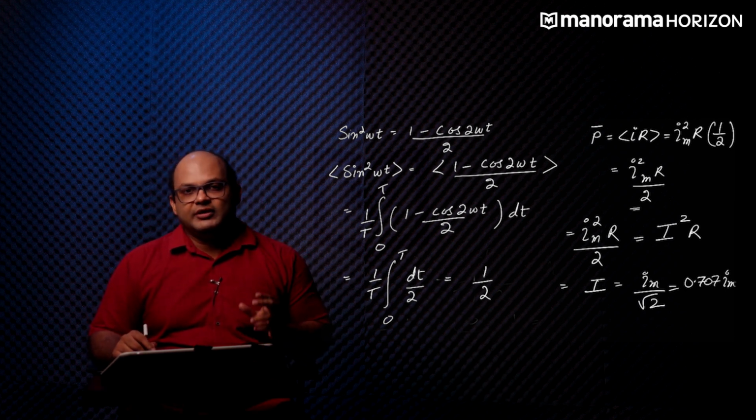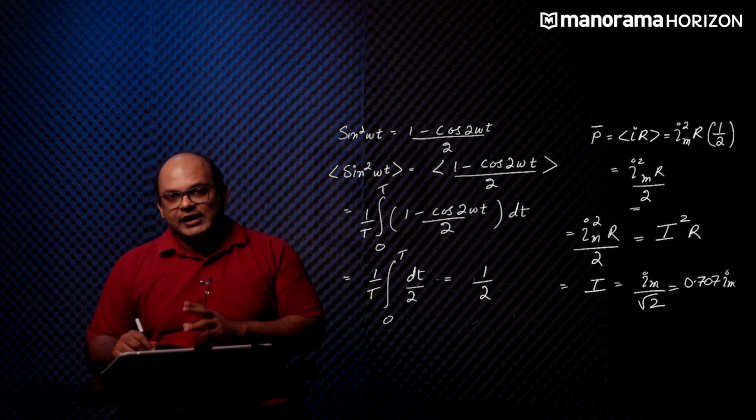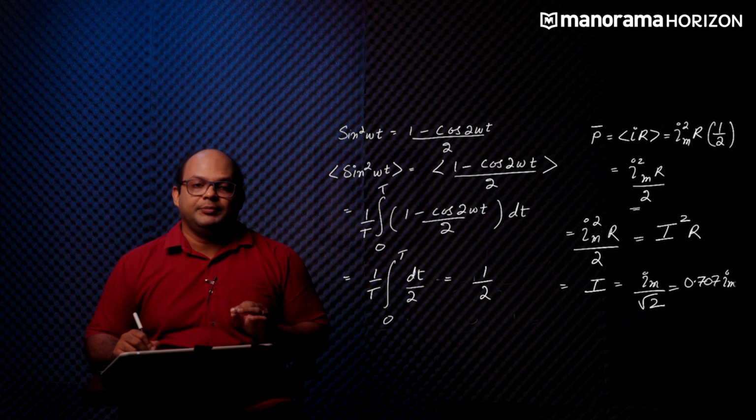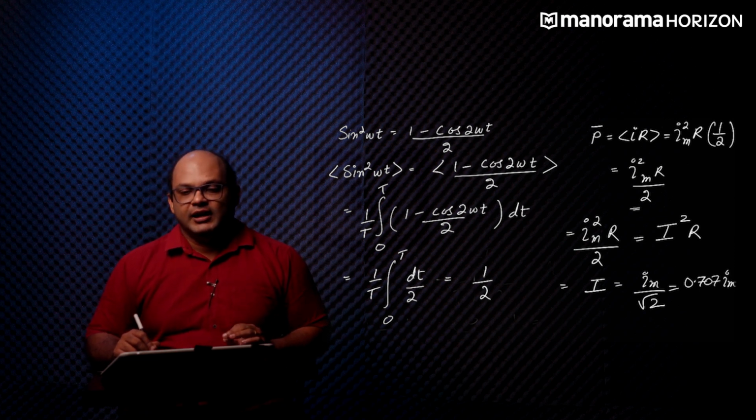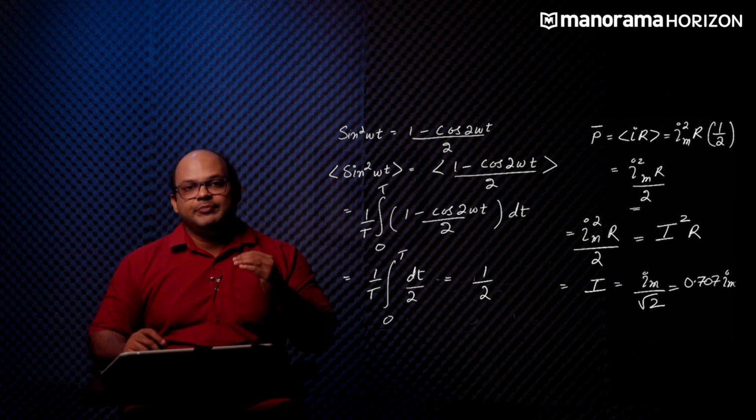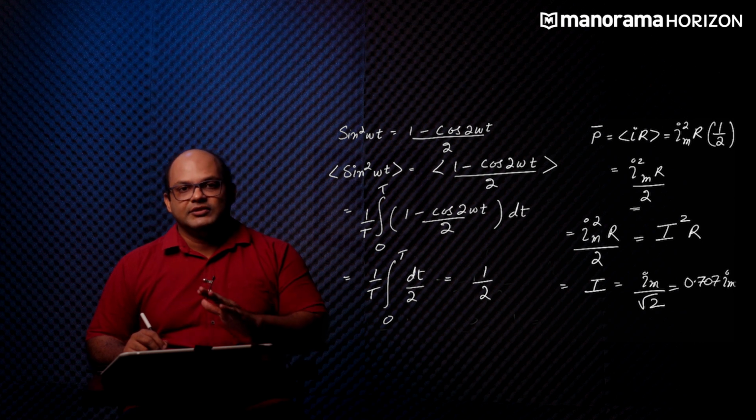And this figure, 0.707 Im, is the root mean square value of the current for this circuit, and this is slightly less than the peak value of the current in the circuit.